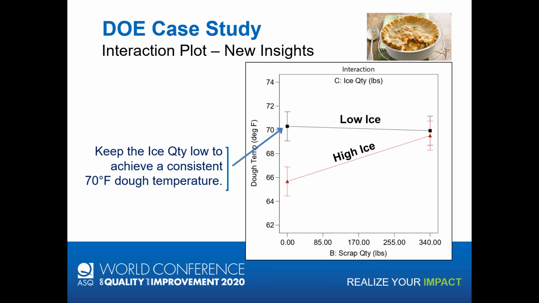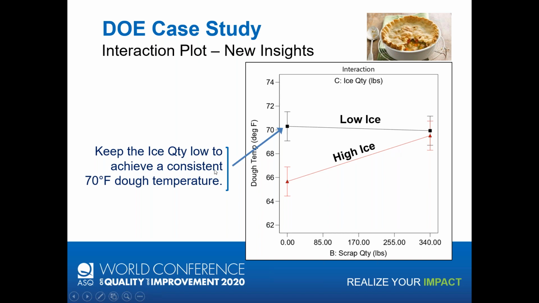And this interaction plot is the interaction between the amount of ice and the amount of scrap. So the x-axis has the scrap quantity going from none to 340. And for the ice quantity, the black line is actually the no ice. It says low ice, but it's really no ice. And then the red line is the higher amount of ice.